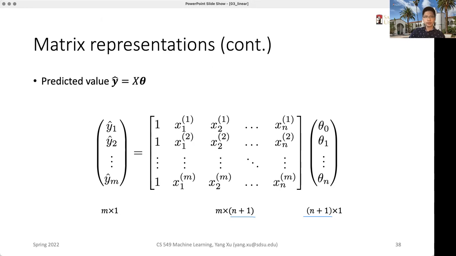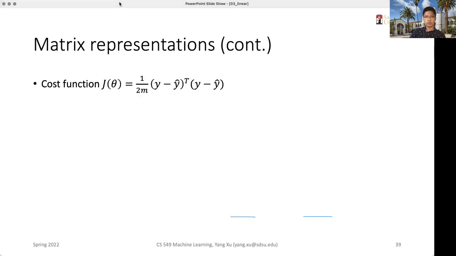All right, let's look at the next page. So next, the cost function can also be rewritten. It's written as y minus y hat, transposed times itself, because y is a vector in n by 1 dimensions, and so is y hat.